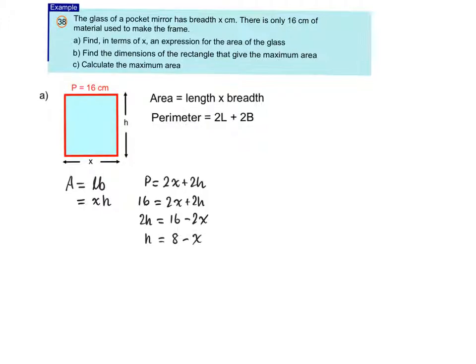We then take the letter h, and we're essentially replacing it with 8 minus x, which gives us our expression for the area now in terms of x, which is x times (8 minus x), which of course we can multiply out the brackets to get 8x minus x squared.